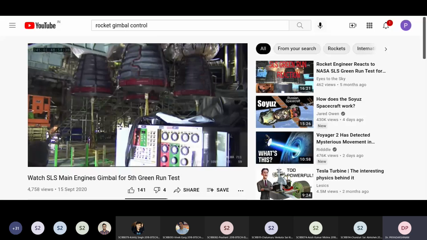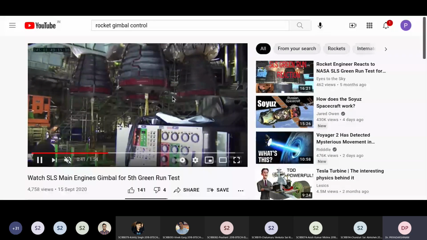Remember that you cannot move to a large degree. This is hardly 3 degrees, or maybe up to 5 degrees. Usually our launch vehicles have very little ability to move these things, at most 3 degrees. This one appears to be about 6 degrees overall, but of course we don't know. You have to read the specifications.